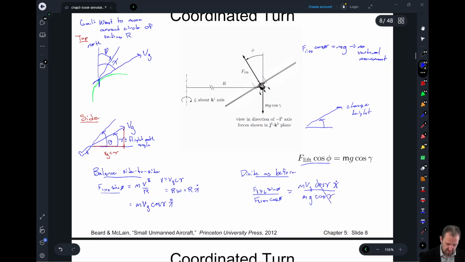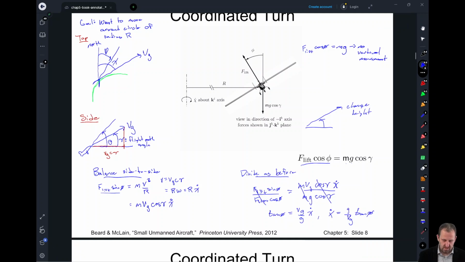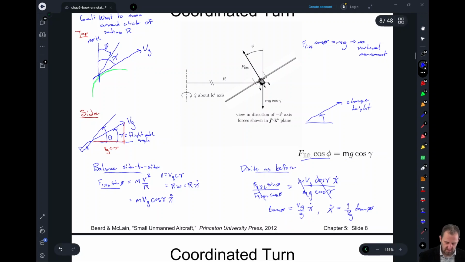Those cancel out, and we're left with tangent of phi equal to Vg over g times psi dot, or psi dot equals g over Vg tangent of phi. Okay, excellent. So we have that nice relationship for our coordinated turn.